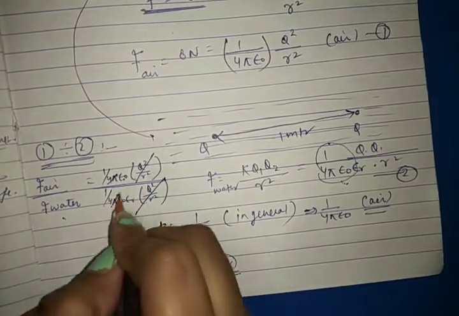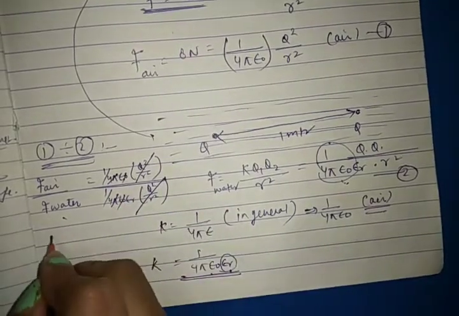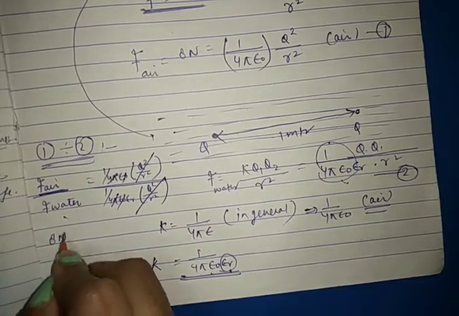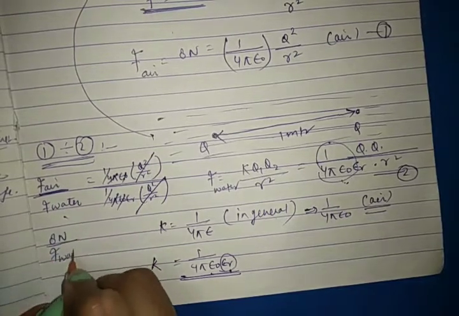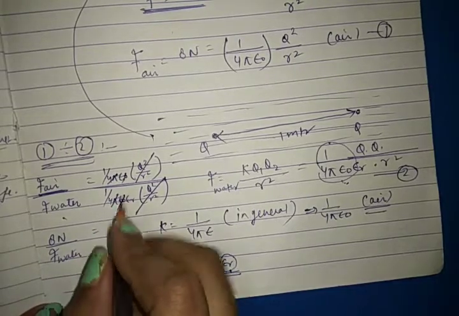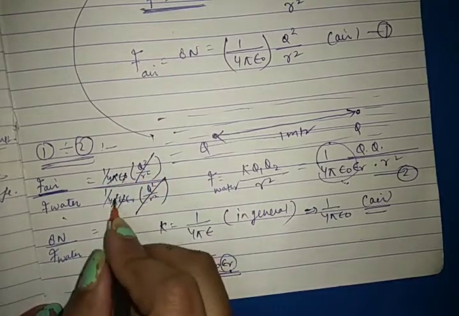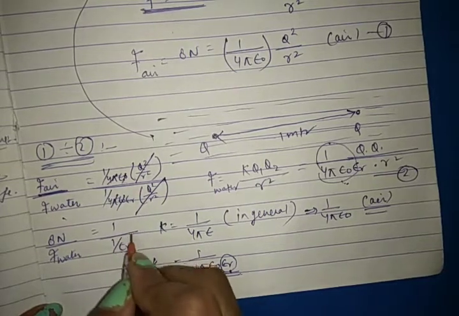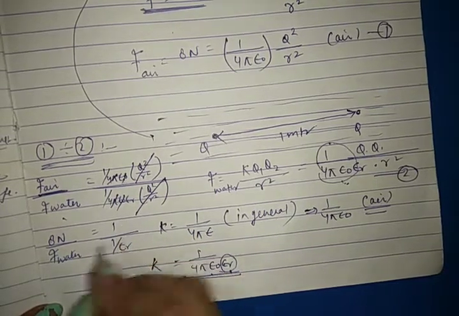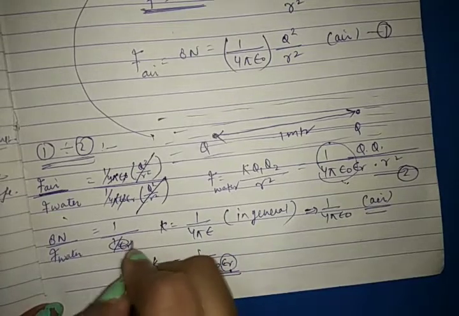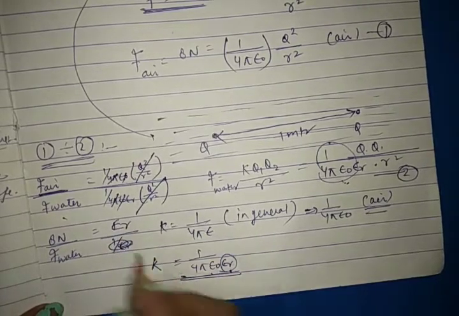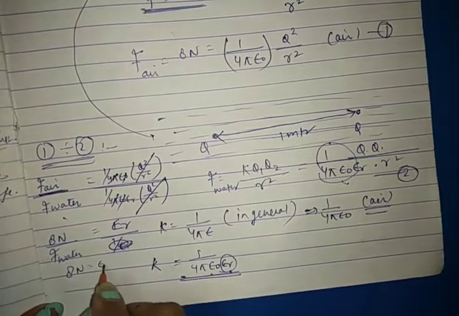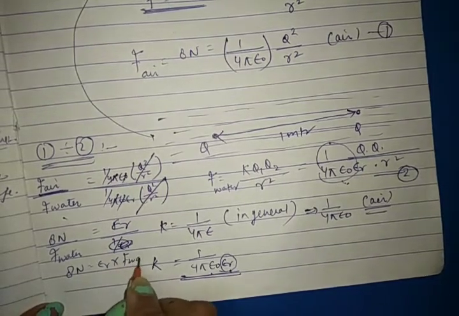This will also get cancelled. Epsilon naught is cancelled. So F air is 8 Newton as per the question. 8 Newton upon F water equals, this is all cancelled out, 1 upon epsilon r. Epsilon r will go to the numerator. So this will become epsilon r. 8 Newton equals epsilon r into F water.